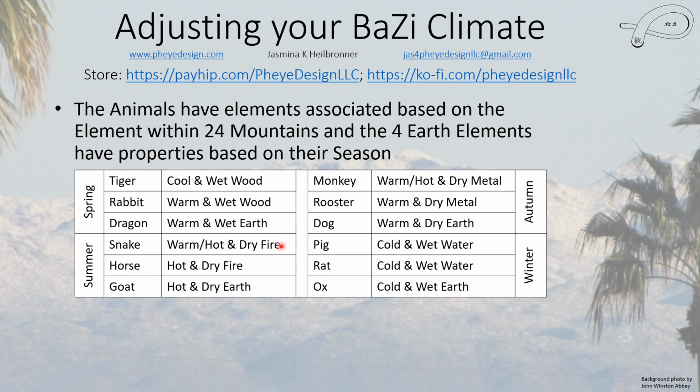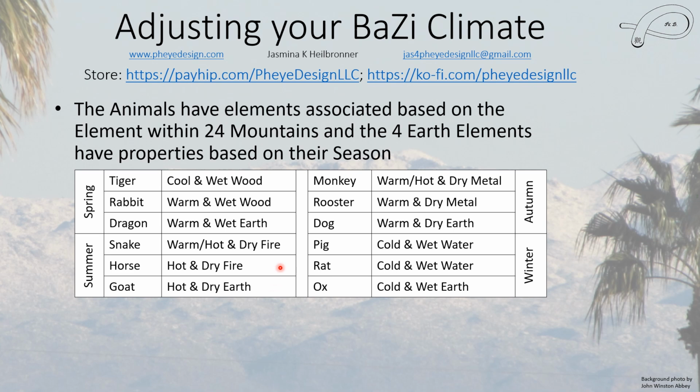The summer, it's dry, so every one of these is dry. The horse and the snake are associated with fire, and so it's dry fire. And it's either warm or hot. And the goat is hot and dry earth. And so this tells you something.